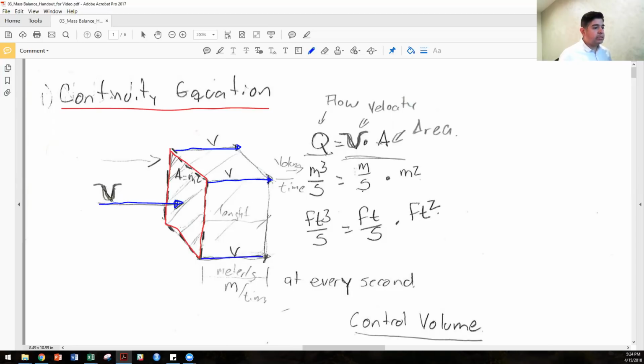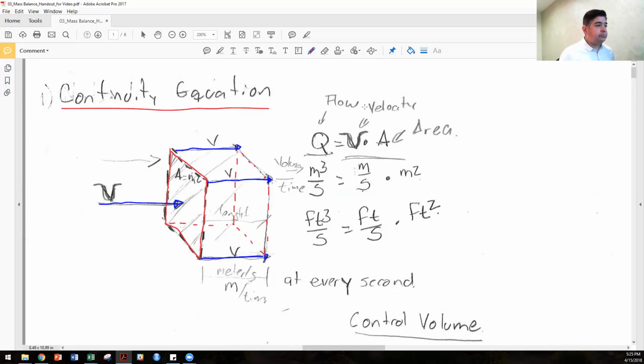When we do this, as you can see here, we have a volume of water that was created by the area that we're monitoring and the different vectors for the velocity.